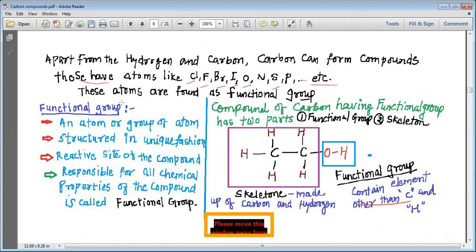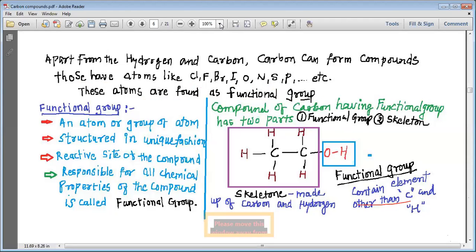And this is how these atoms are found as a functional group in the compound of carbon. So when a compound of carbon possesses an element other than hydrogen and carbon, these elements found in the carbon compound are simply known as the functional group.